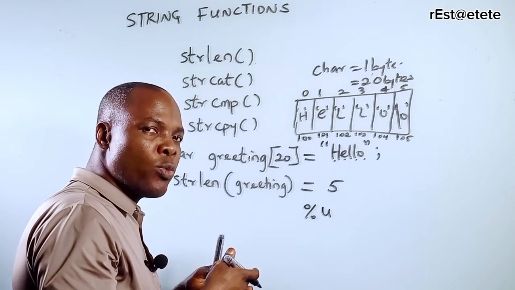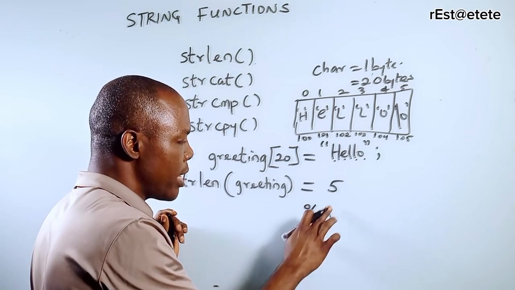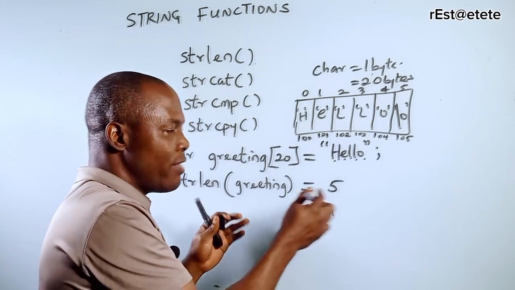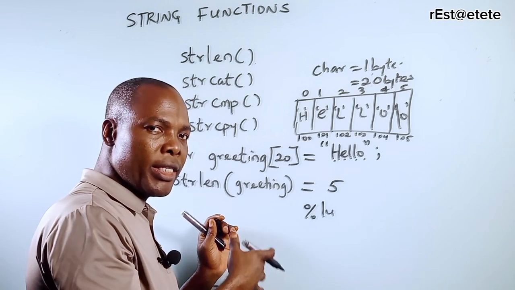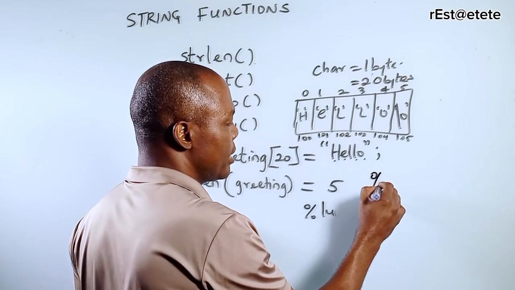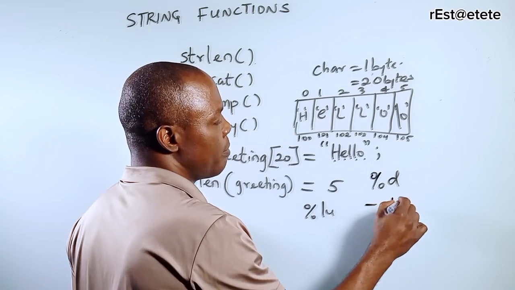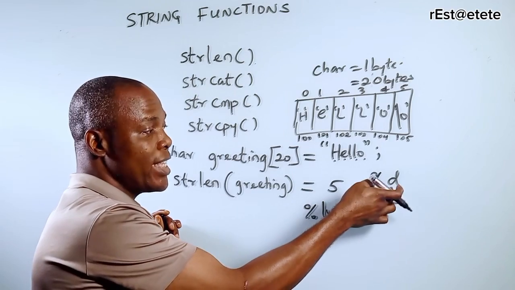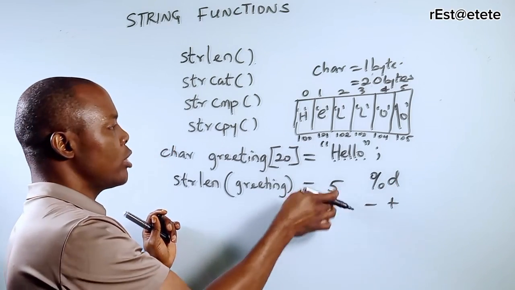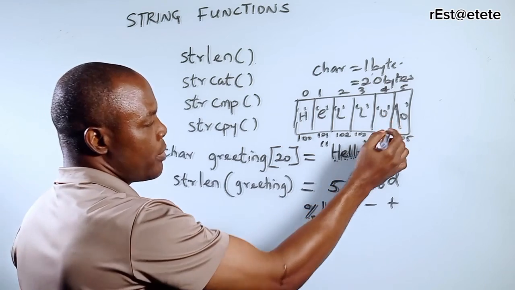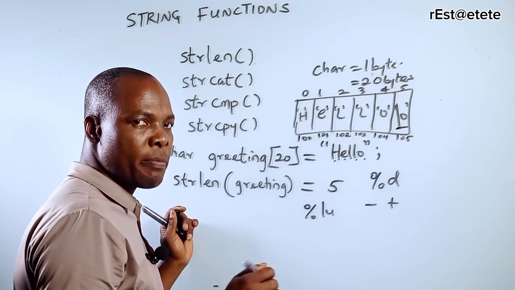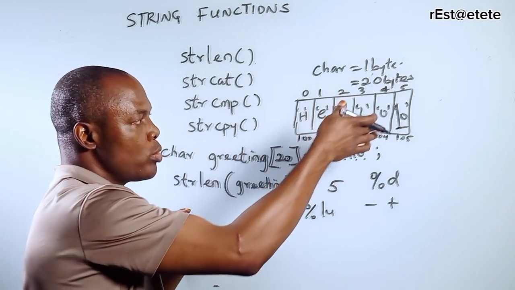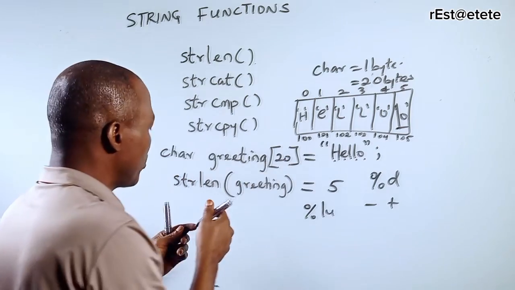But because sometimes you will have the string very long, it is safer to use lu, long unsigned, because you are never going to return a negative value. Percentage d is for both negative and positive value, while u is unsigned integer. This is for signed integer. This is for unsigned integer. So this will return 5. It will not count the null character as part of the length, because the null character is just telling you the end of that string. So that is what happens.